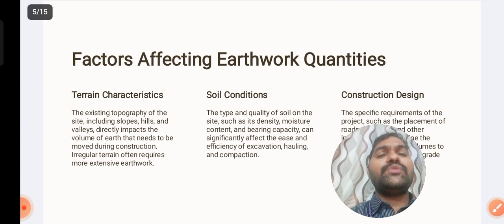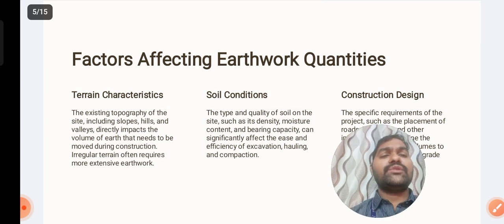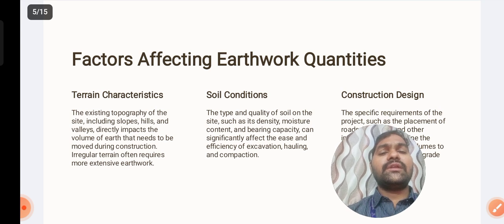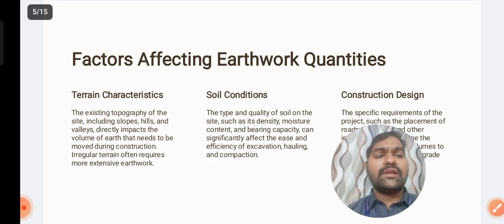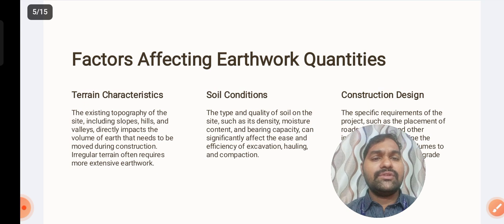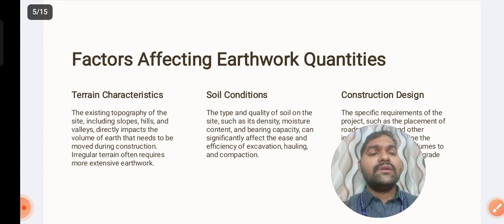And coming to the next one, factors affecting the earthwork quantities. Here we see three factors: the first one is terrain characteristics, the second one is soil conditions, and the next one is construction design. In terrain characteristics, if it has a sloping or hilly nature, definitely the quantity is going to vary compared to normal conditions.